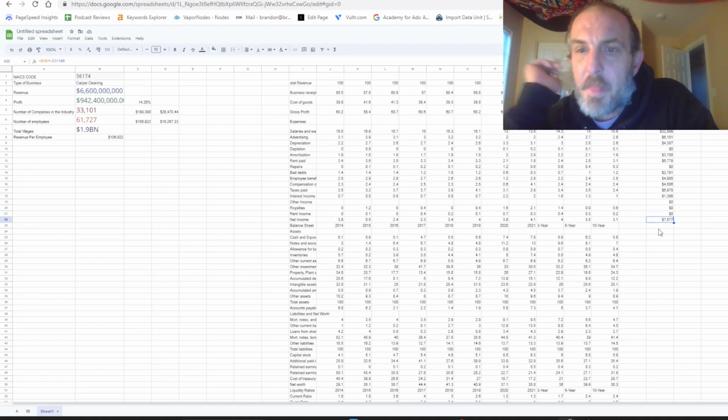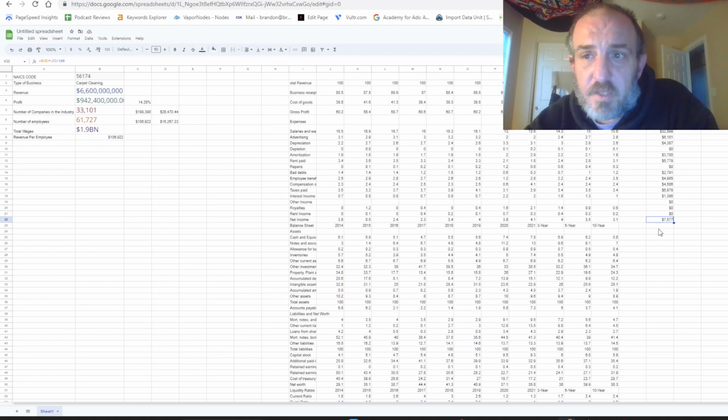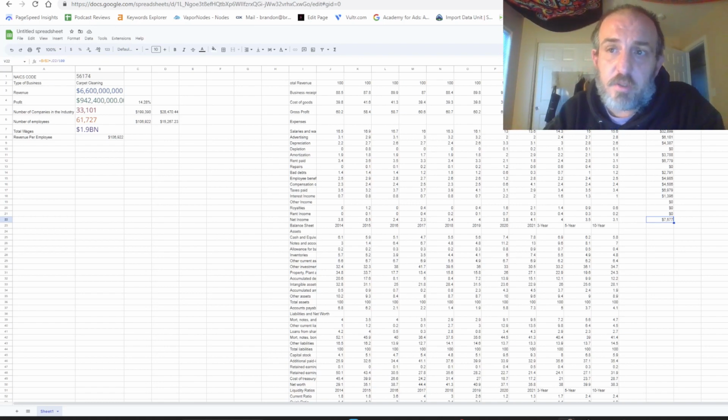Okay. So now what I've done is turned this into a numbers approach. So this is the annual average income statement.